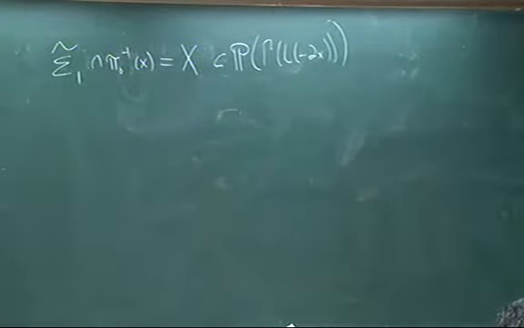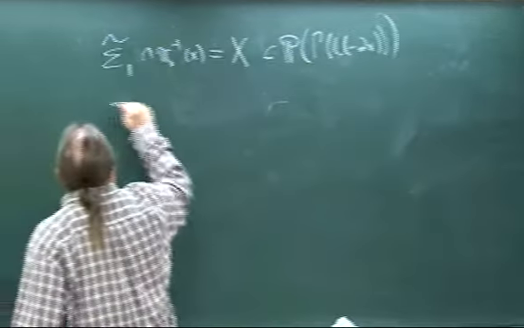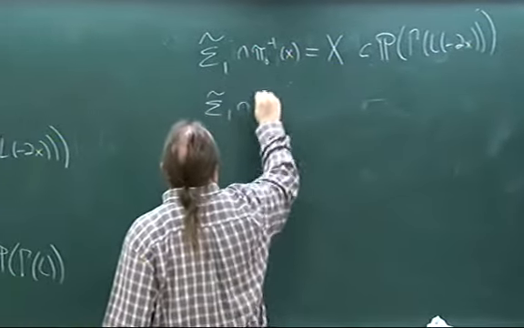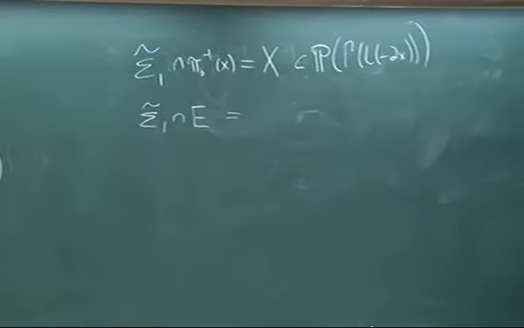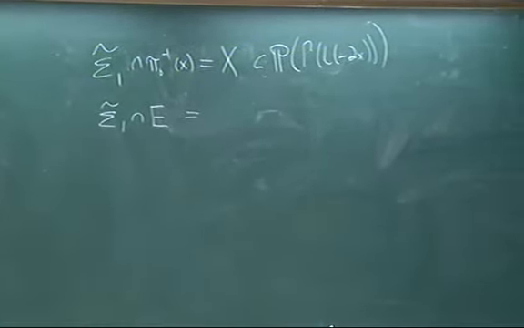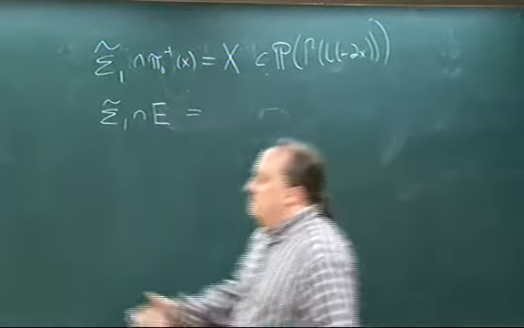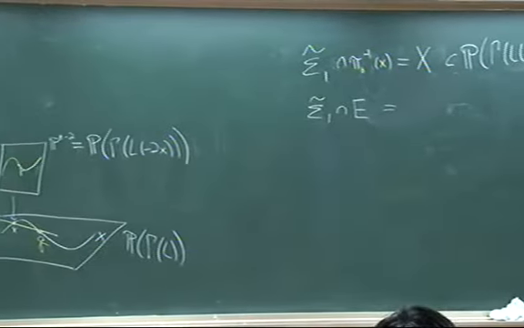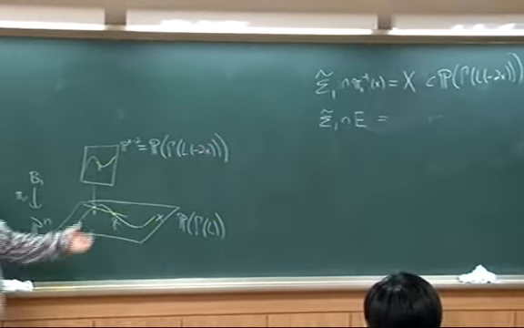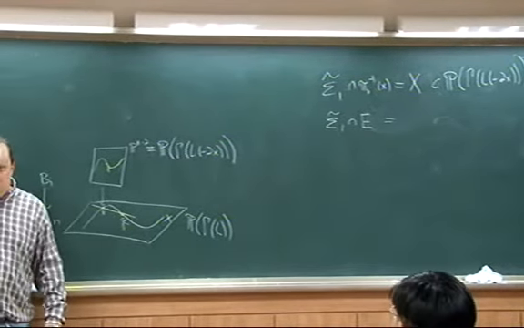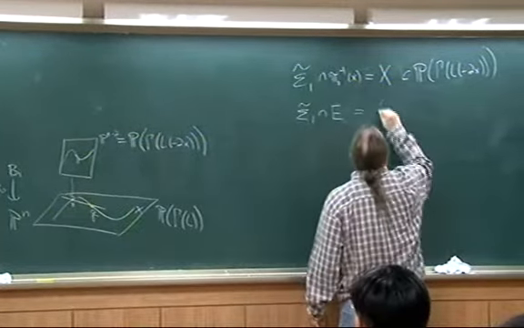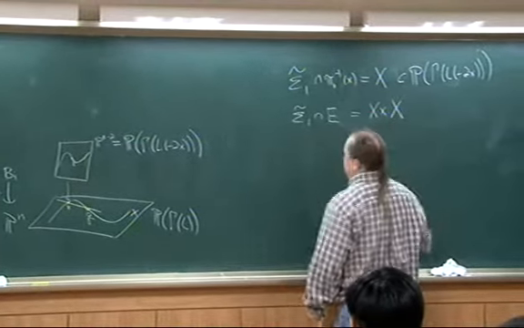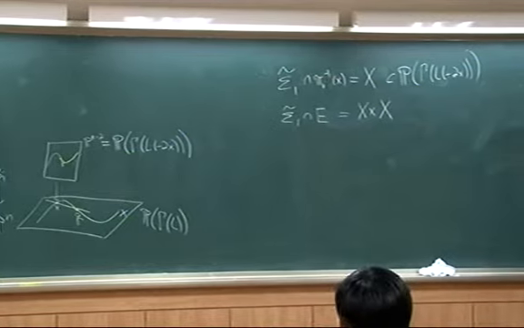What happens when you put these all together? What is the intersection of sigma 1 with a full exceptional divisor? Well, you've got some sort of fibration over your curve. The fibers are other curves. It's curves this way and curves that way. This actually turns out to be trivial, which is very convenient.